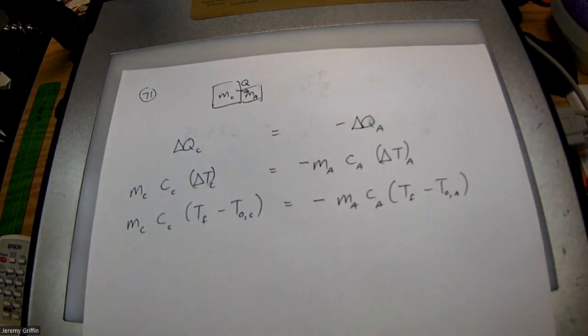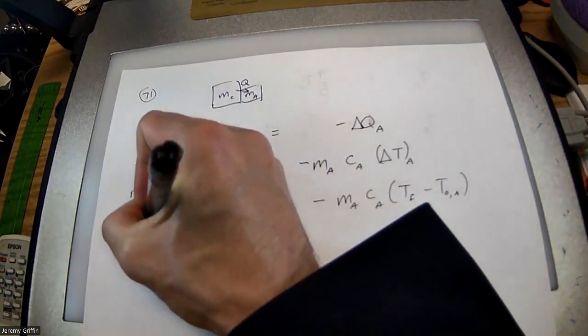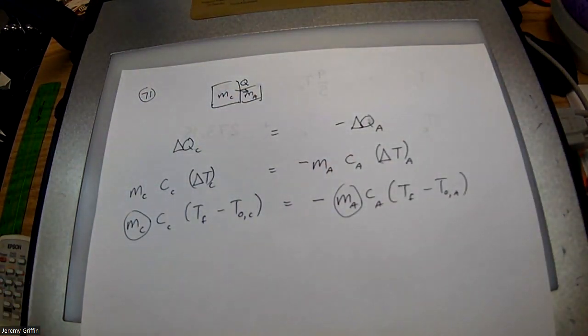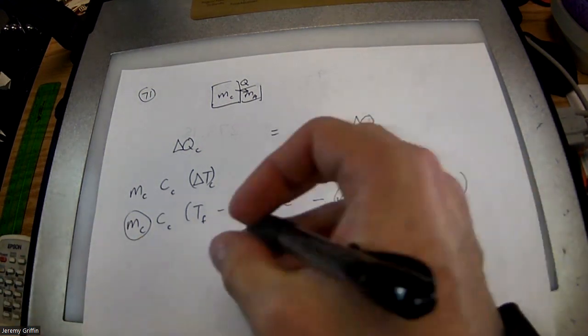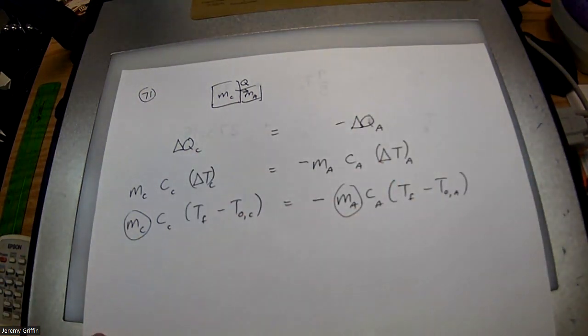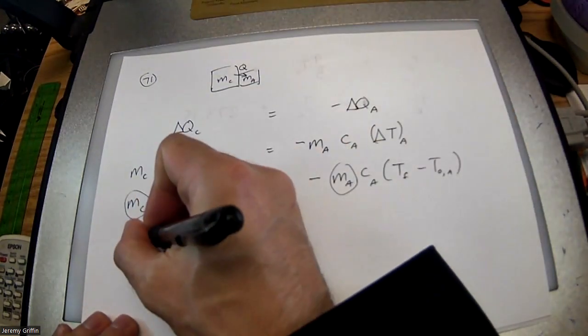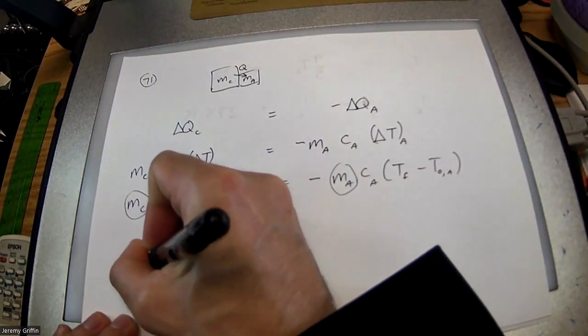Now, there are actually 2 unknowns in this one equation, which means we'll never be able to exactly solve it. But remember the question asks for the ratio of those two variables that I just circled. So I'm going to go ahead and solve this in terms of variables. We're solving for the mass of copper compared to the mass of aluminum.